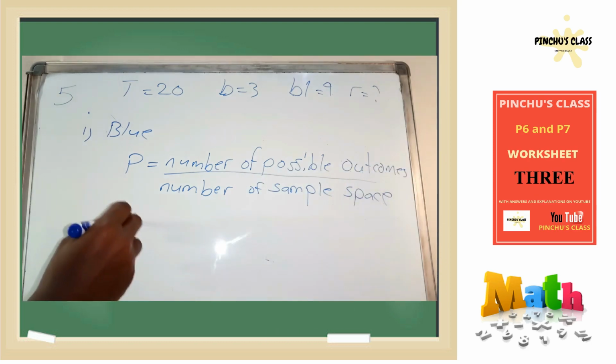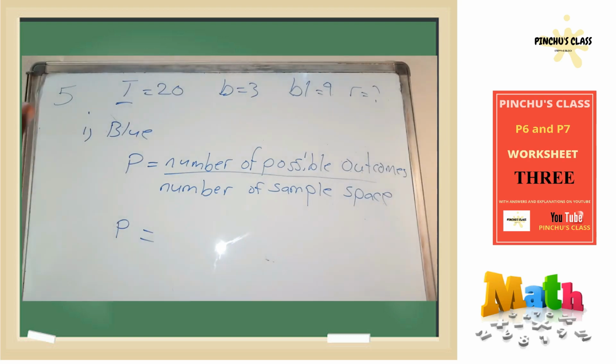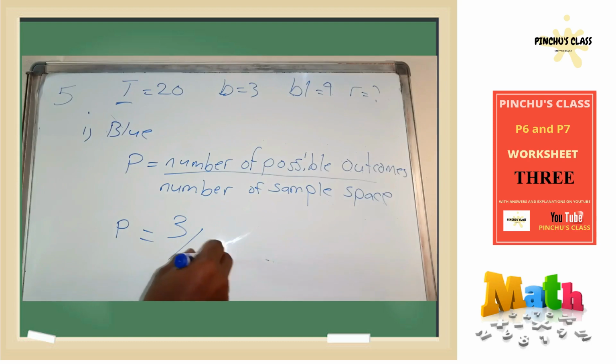So our sample space is 20, this one. The number of blue pens is 3, so it's going to be 3 out of 20. And that's the answer for Roman numeral 1.